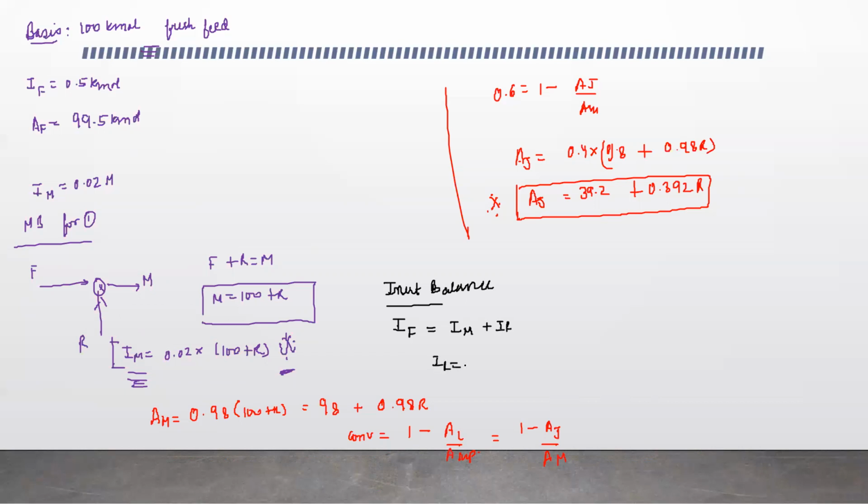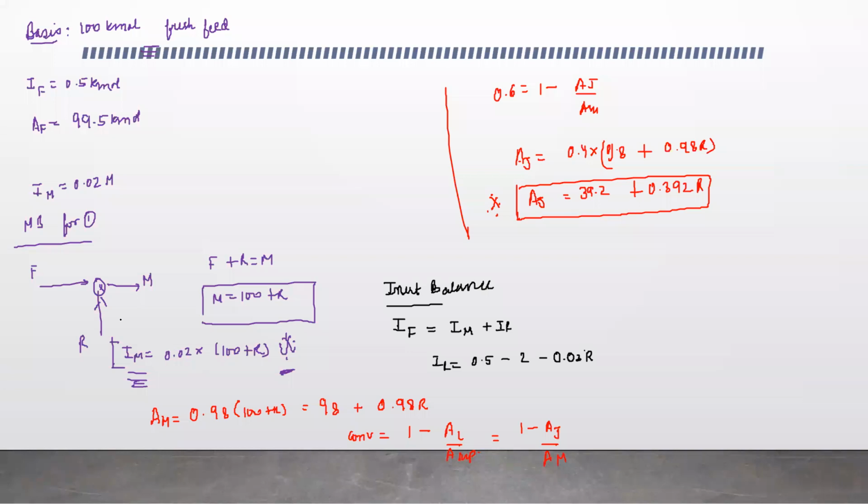Therefore, inerts in recycle is equal to inerts in feed stream, that is 0.5, minus inerts in the mixed stream, that is 2 minus 0.02 R, right? 2 minus 0.02 R.